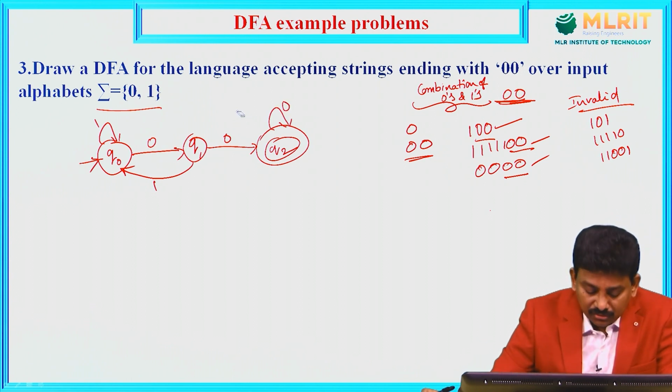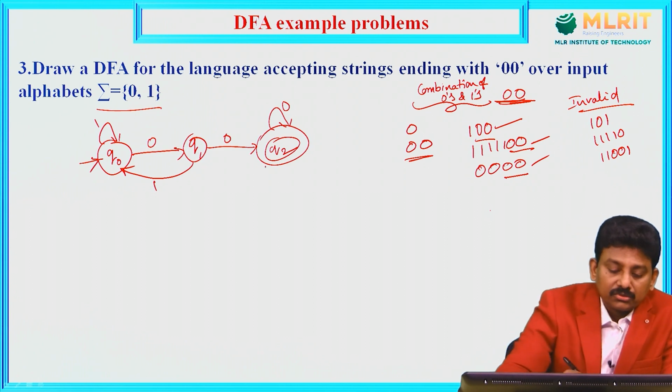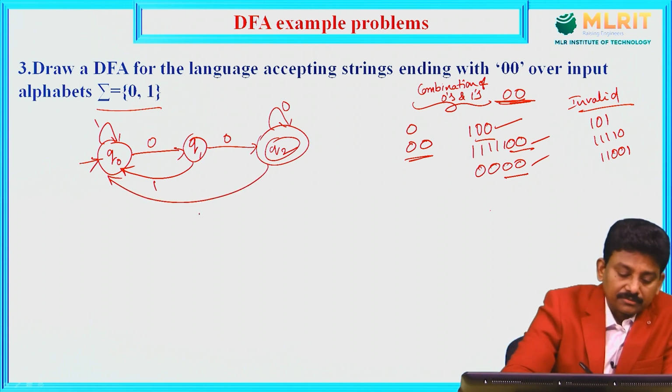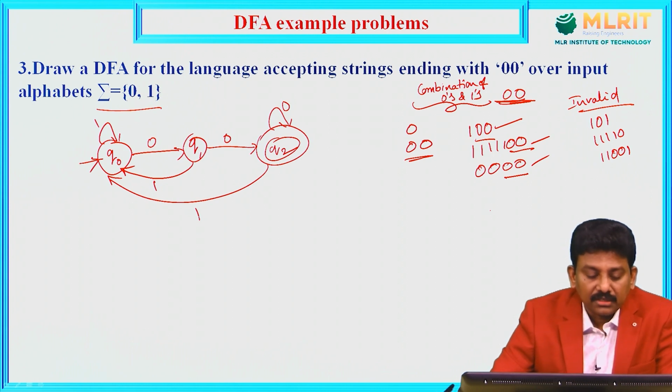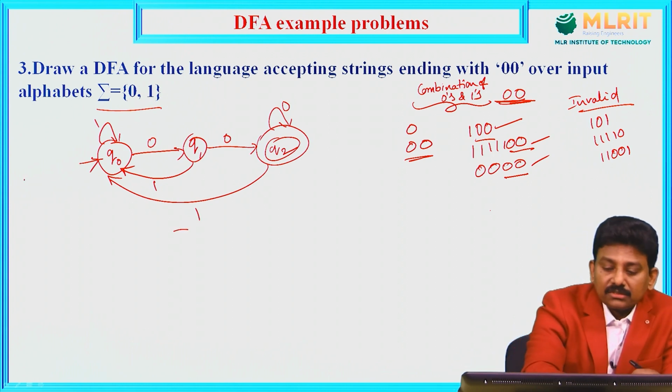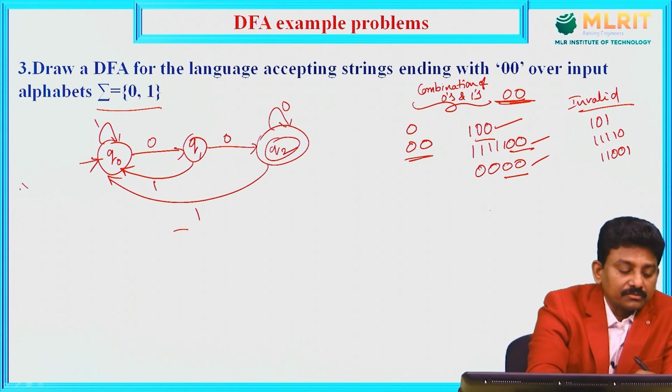Then in Q2, if you read 1, I should not stay in Q2. 0 1 is not a prefix of 0 0, so I should go back to the initial state for 1. This is the transition diagram for the language accepting strings ending with 0 0.